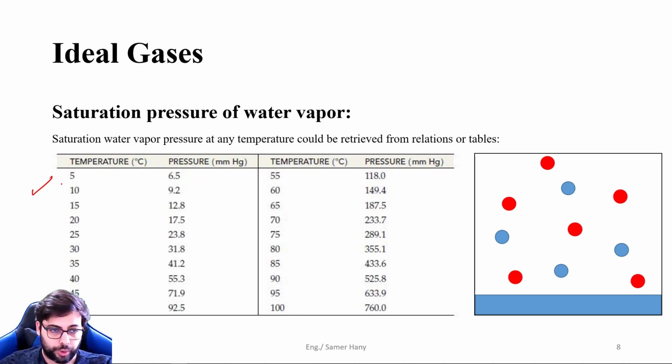All right. So for higher temperature, the liquid will have more energy and will be able to exert more pressure. That's why we can see in here, as the temperature goes up, also the vapor pressure or the saturation pressure goes up as well. Okay.